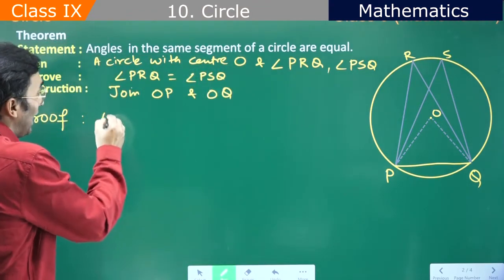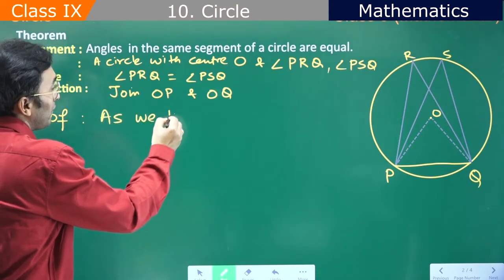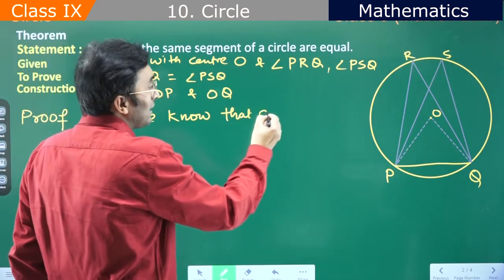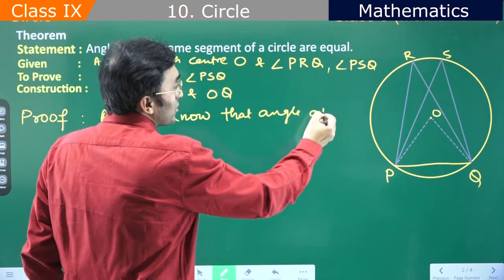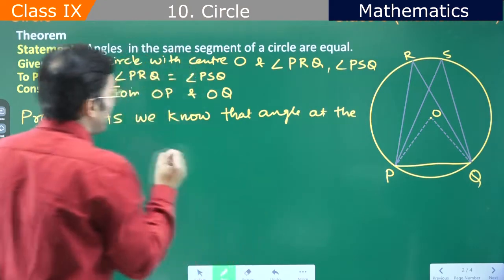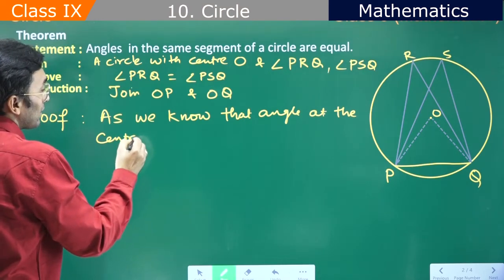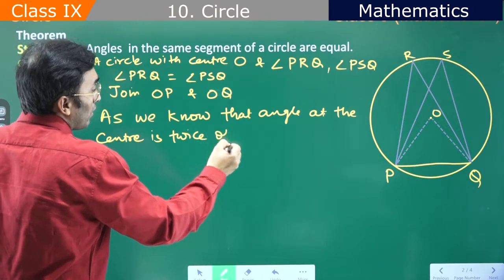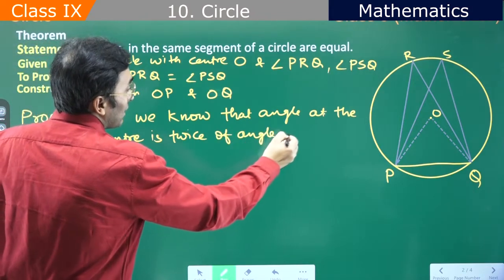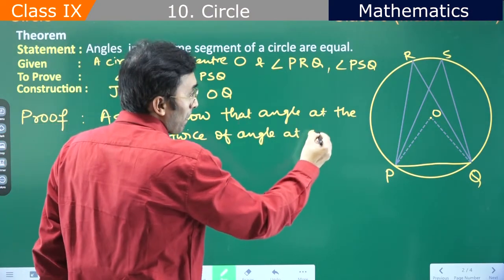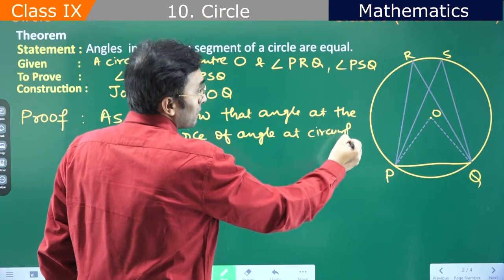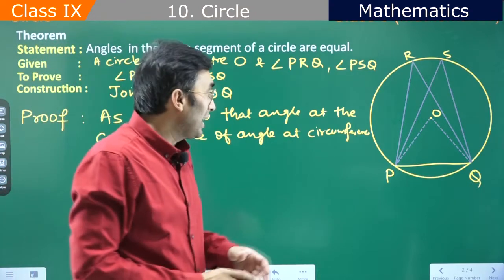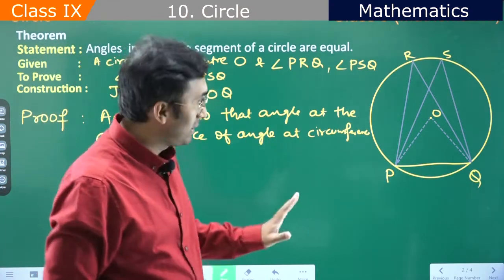We know that angle at the center is twice the angle at the circumference.